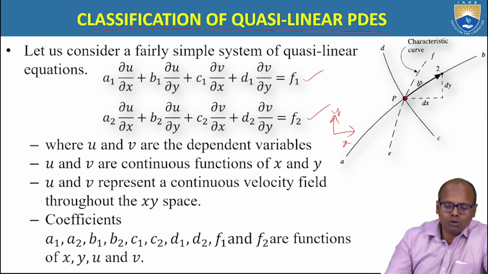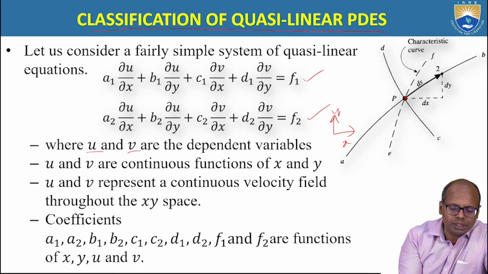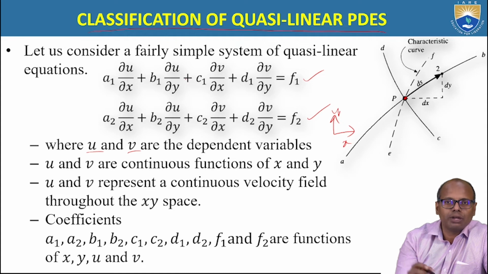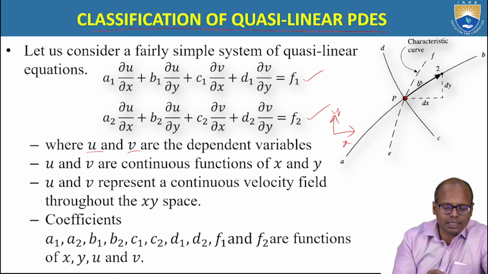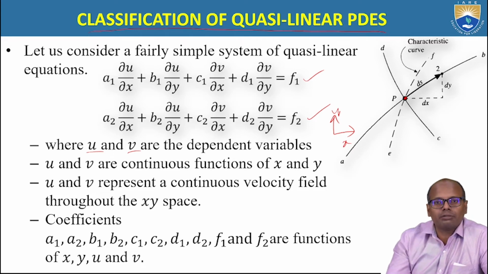Now in these equations you can see u and v and x and y. So what are these? The u and v are the dependent variables, and x and y are the independent variables.